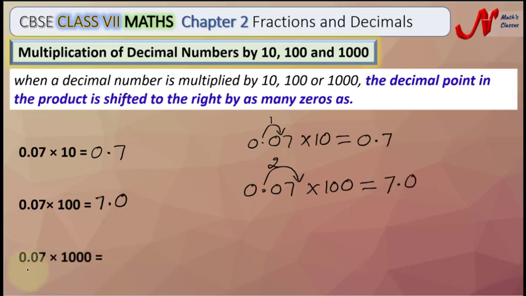Next example, 0.07 into 1000 can be written as 70.0, because when we multiply 0.07 with 1000, here we have three zeros, so we shift the decimal point three places to the right. Here we have only two digits, so we write another digit extra, so we get 70.0.